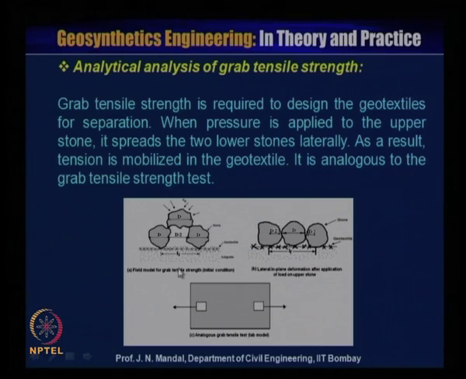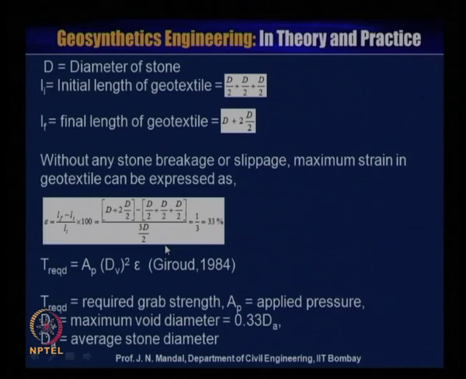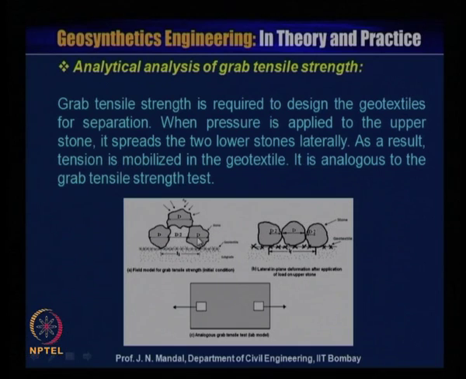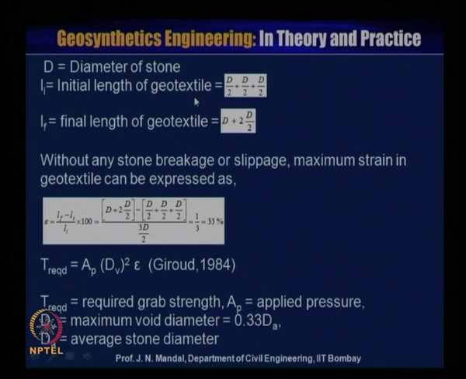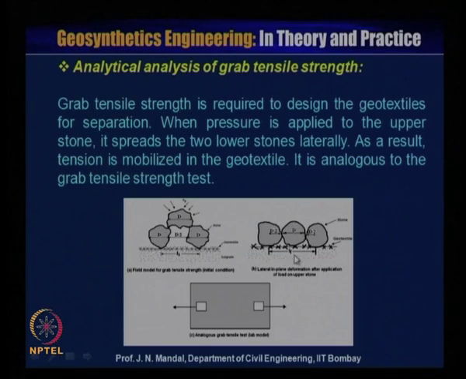So, look here. Li, the initial length, will be d by 2 plus d by 2 plus d by 2, and Lf, the final length of the geotextile, is d, plus d by 2 and d by 2.